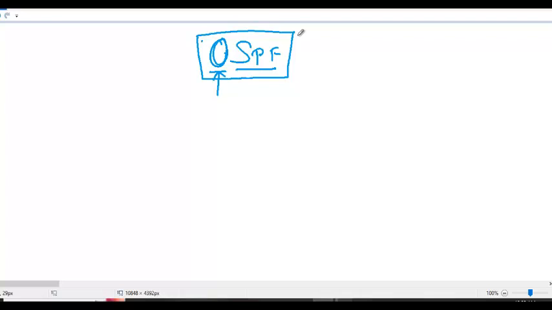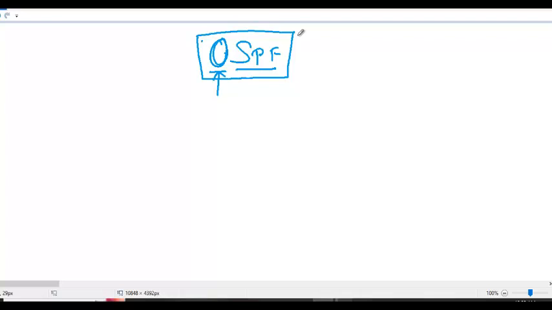A routing protocol's purpose is to find the shortest path by calculating the cost. Now, the OSPF routing protocol has got a number to identify it. That's what we need to know.